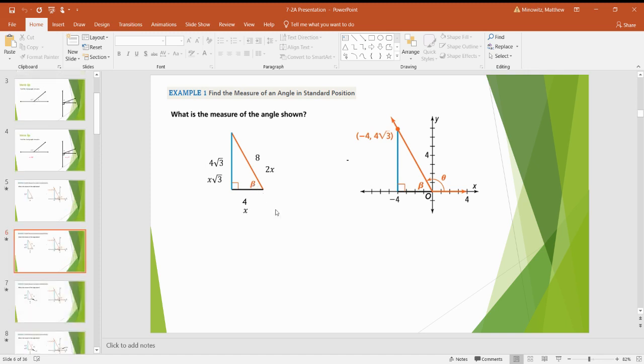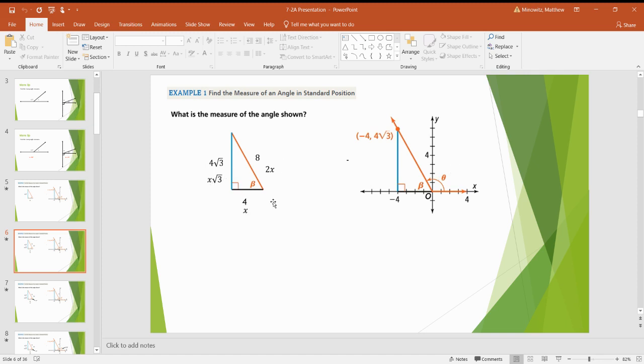To do that, there's a ratio here where my small leg is x, my bigger leg is x root 3, and my hypotenuse is twice the length of x. So in this case, this triangle on the graph comes from this special right triangle.